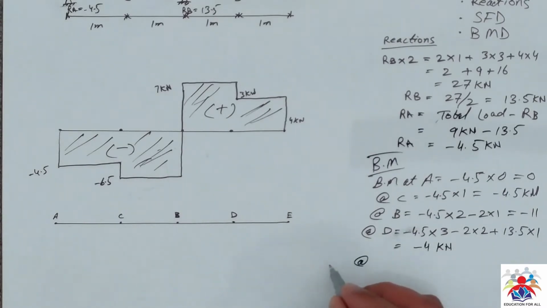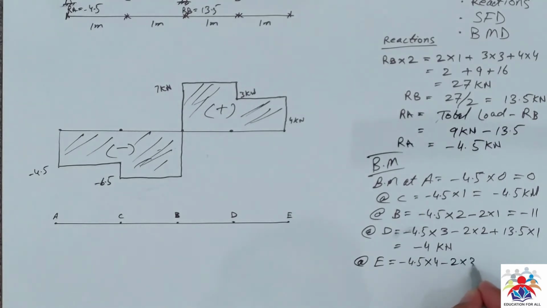Now the bending moment at point E, this is the last point. If we get 0 kilonewton at this point, then it means our calculation is correct. It's minus 4.5 multiplied by 4, minus 2 multiplied by 3, plus 13.5 multiplied by 2, minus 3 multiplied by 1, then minus 4 multiplied by 0.